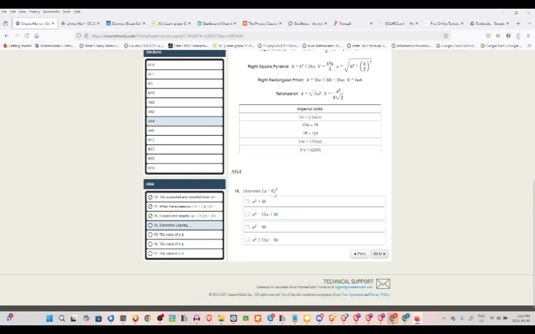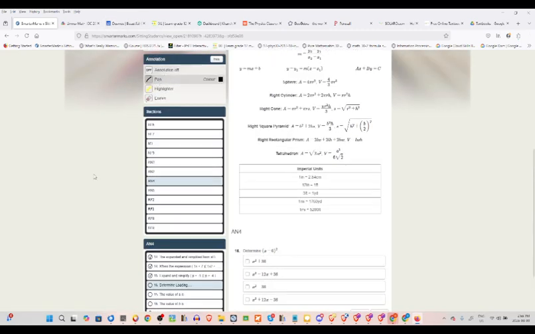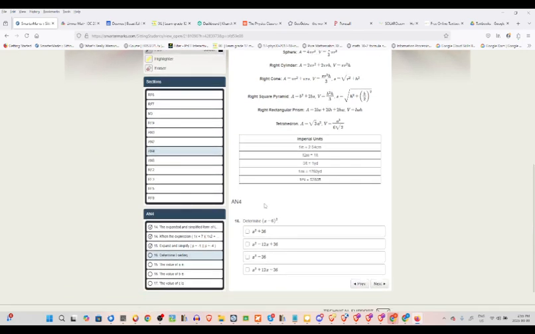Now, x minus 6 squared. C is a trap. I would like to stick Admiral Akbar in here right now. It's a trap. Remember, this x minus 6 squared is saying x minus 6 times x minus 6.